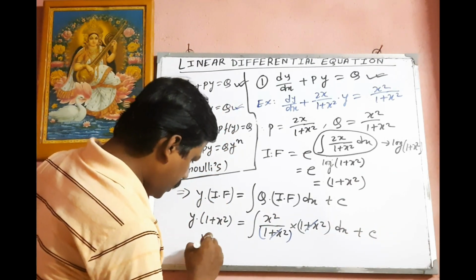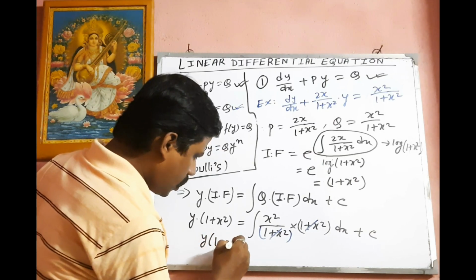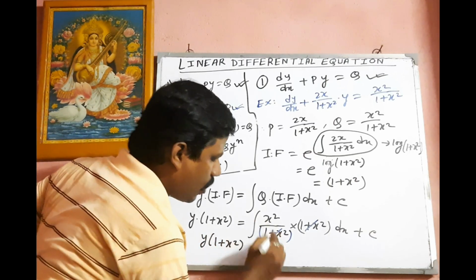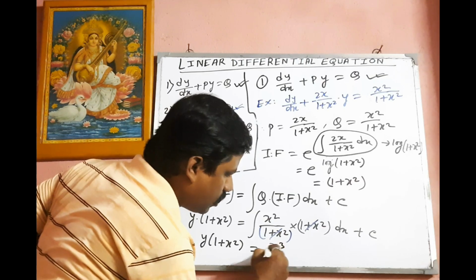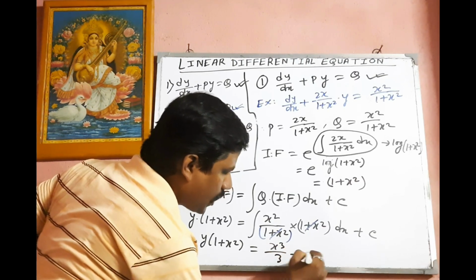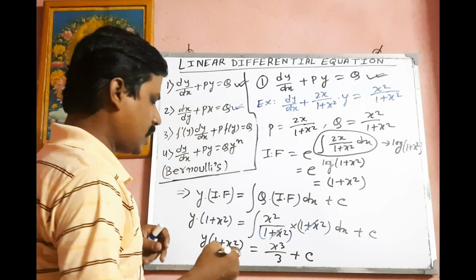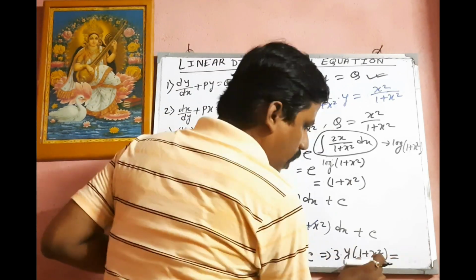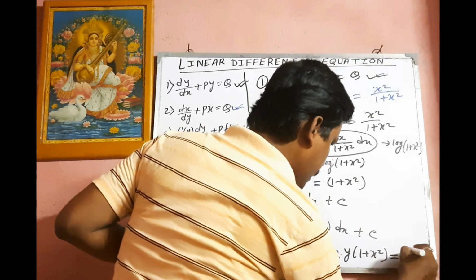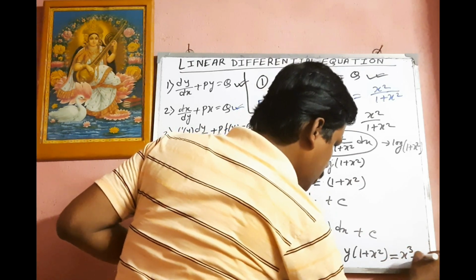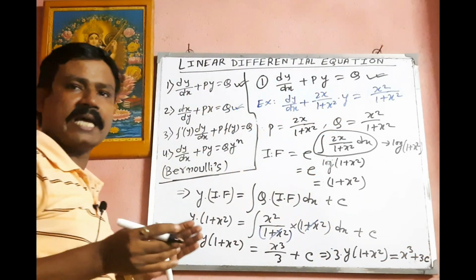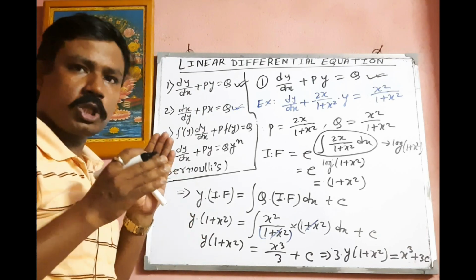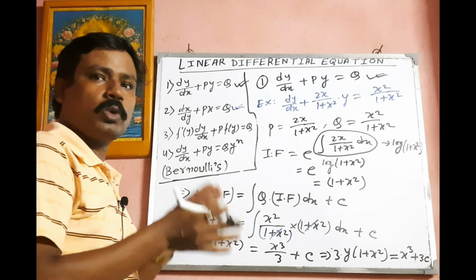Now integrating this will be x³/3 plus C. So this will be 3y(1 + x²) is equal to x³ + 3C, where C is the integrating constant. So this is the complete first kind with its example.